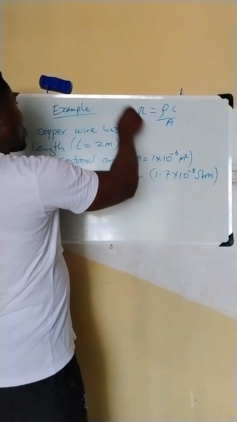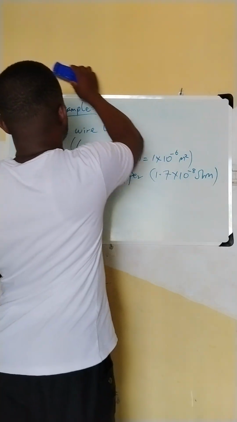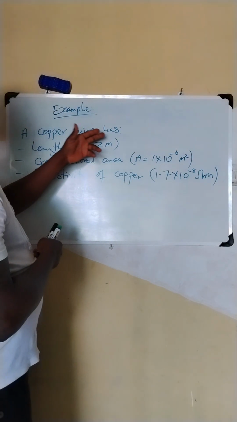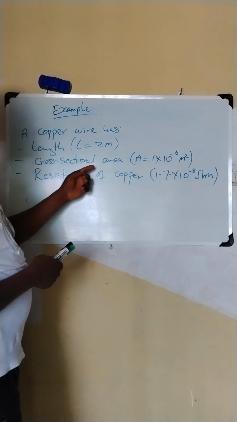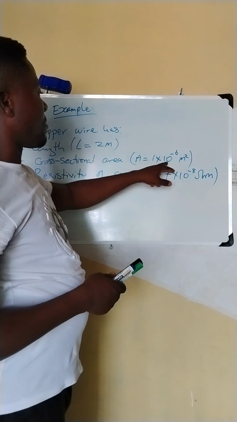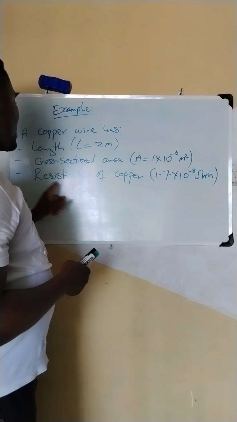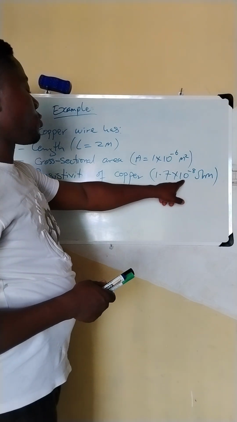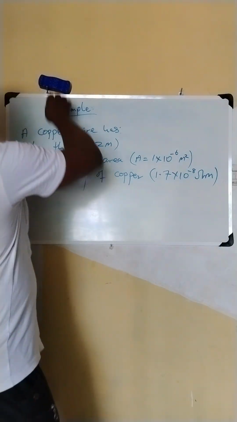So if you don't understand that, go back to our previous lesson and watch. All right, look at the question again. A copper wire has length L equal to 2 meters, cross-sectional area equal to 1 times 10 raised to the power of negative 6 square meter. Resistivity of copper is 1.7 times 10 raised to the power of negative 8 ohm meter. All right.